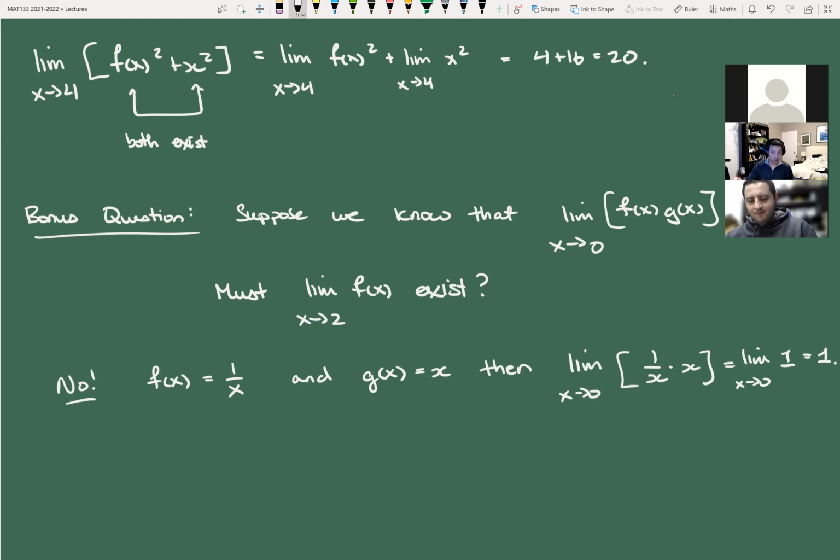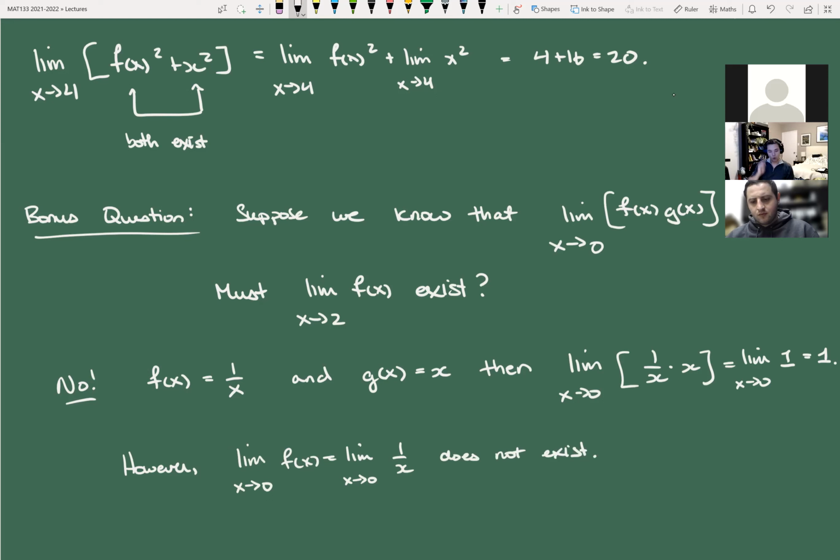However, the limit of f of x does not exist as x approaches 0. Okay, so we have to be careful about that.